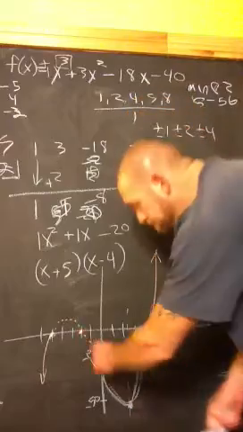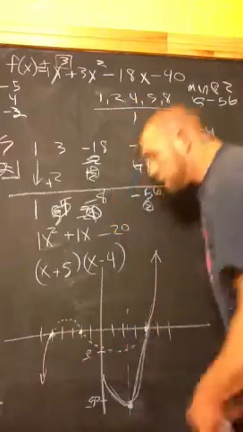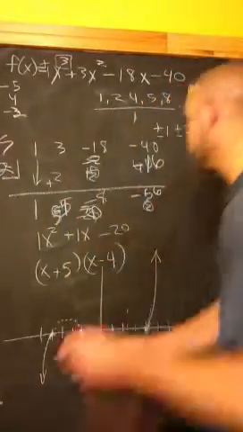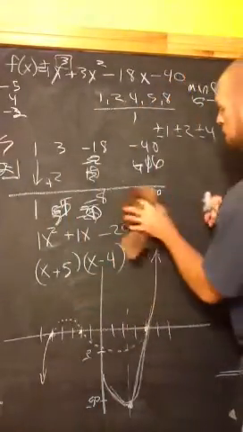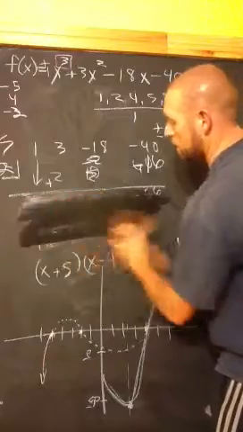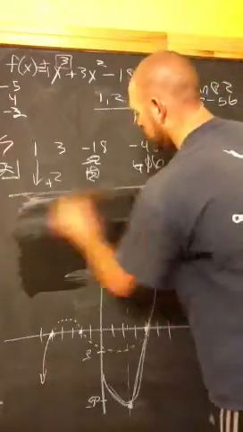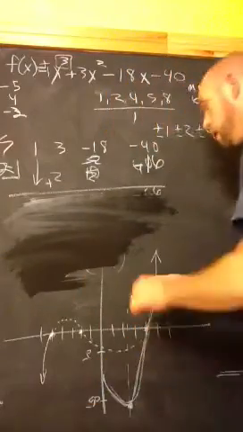Now when I plug in a negative 3, we're going to get another idea. I'm running out of room here. Okay.